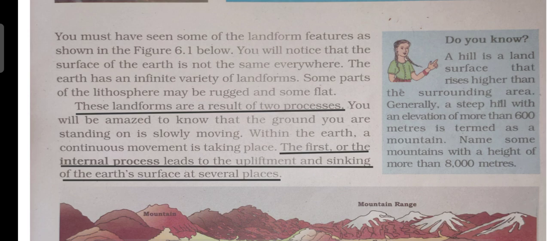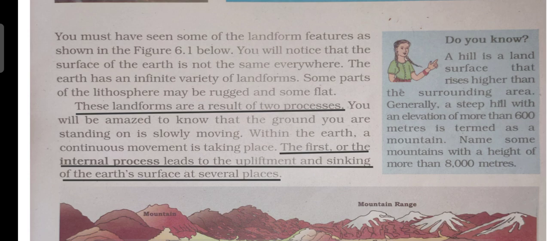Now, children, in the internal process, the landforms are formed due to the movement that occurs inside the surface of the earth. So, basically, internal process occurs inside the surface of the earth.